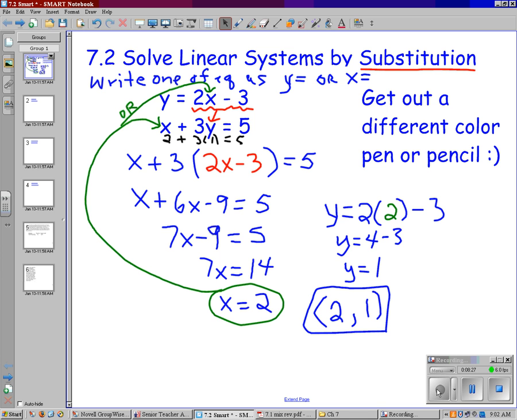So when you're doing this on a test or a quiz, I'm going to be looking for a specific method, like substitution. And if you don't use this method, if instead you use the other algebraic method, I won't give you any points for your answer because you didn't show me that you could use the substitution method. If you do a graphing problem using the substitution method, I won't give you any points because you didn't graph it in order to come up with the answer.